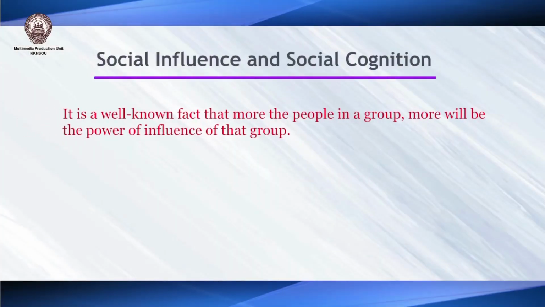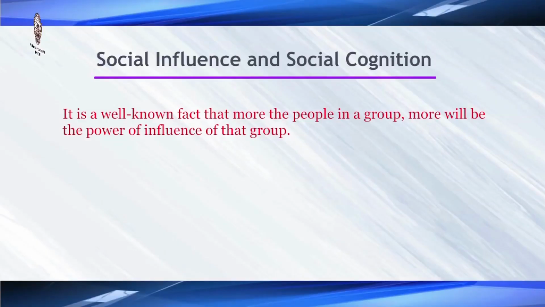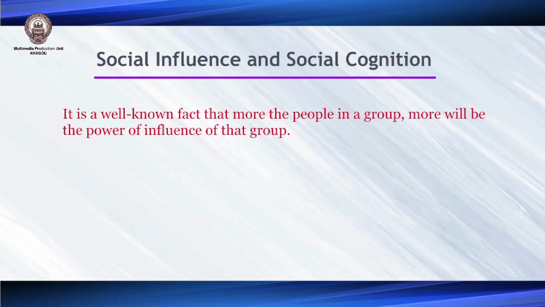A person can be socially influenced when one does not apply one's own critical thinking. And it is a well-known fact that the more people in a group, the more power they have to influence an individual's behavior. Therefore, in a group we see peer pressure, where a person is more prone to be influenced by the behavior of others in the group.